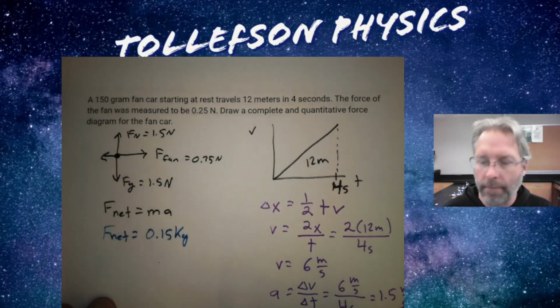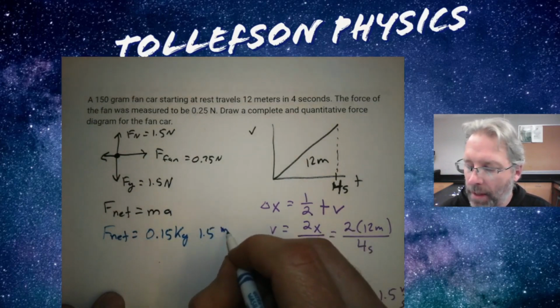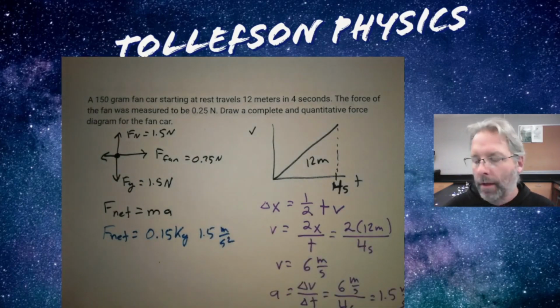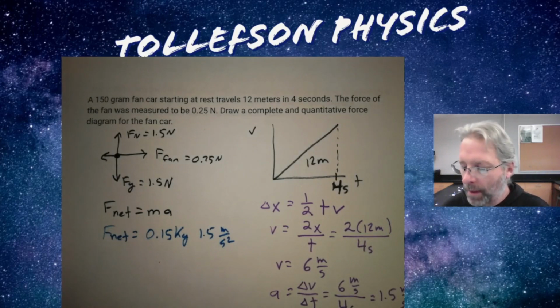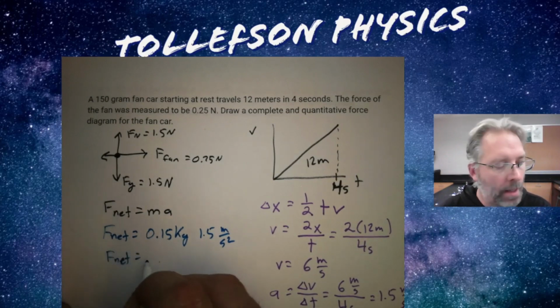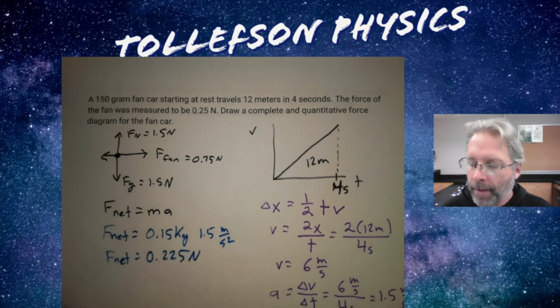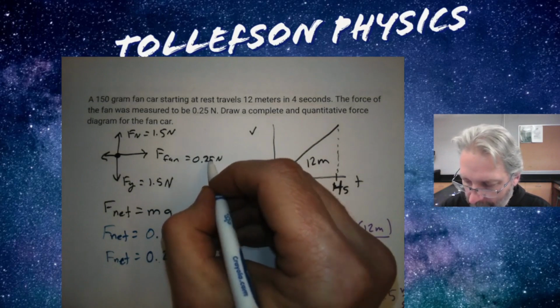K is just the number 1,000. And then my acceleration is over here, 1.5 meters per second squared. This one will require a quick calculation: 1.5 times 0.15 equals, so the net force is 0.225 newtons.